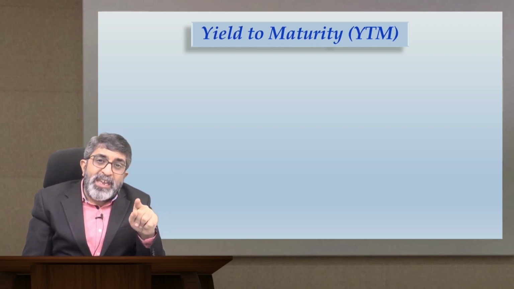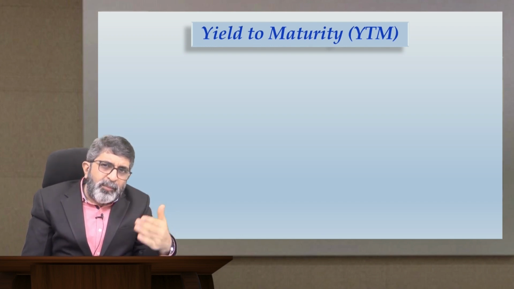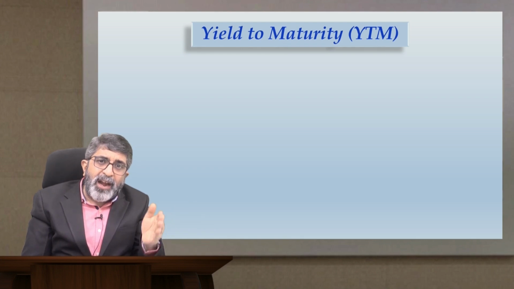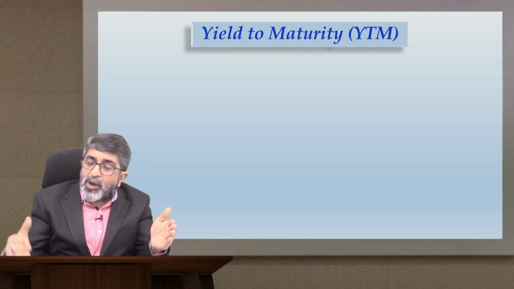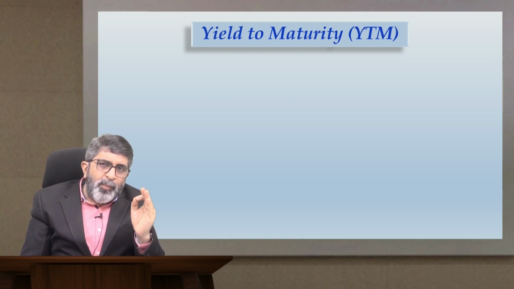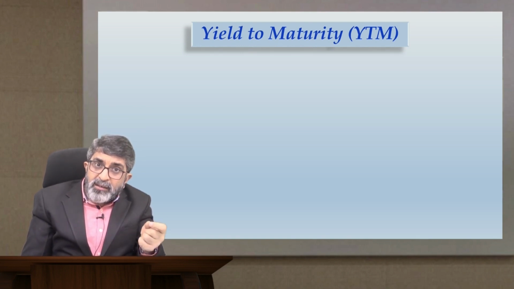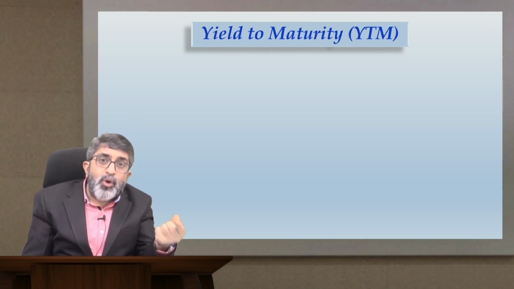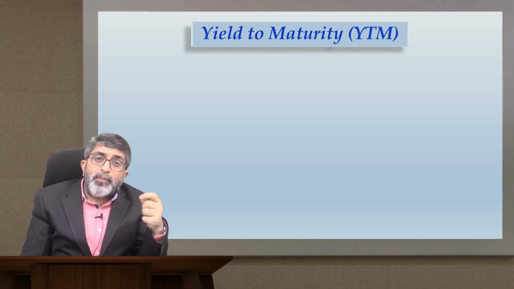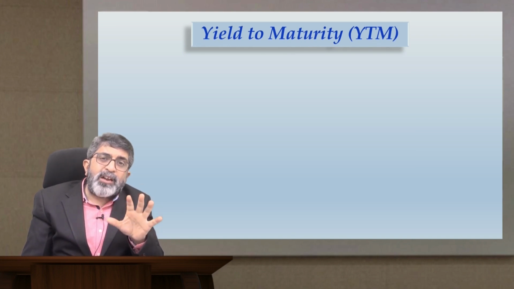Now when it comes to yield and yield measures, we have made some discussion about this in the past, and elaborate discussion is yet to come ahead. A bond investor will always be concerned with what yield he or she is earning. Correct? That yield could be current yield, yield to call, or yield to maturity, depending upon which yield you are trying to determine.